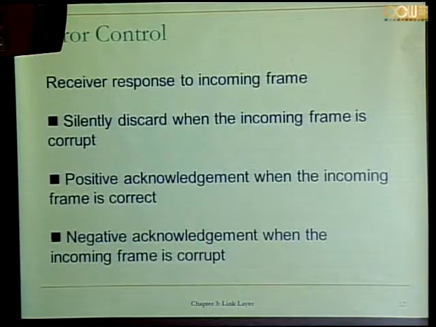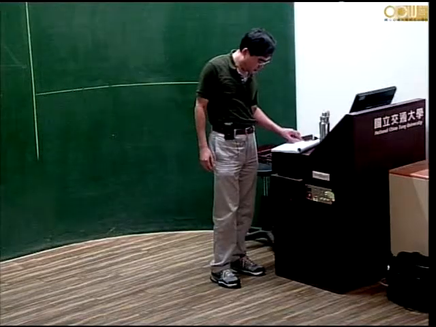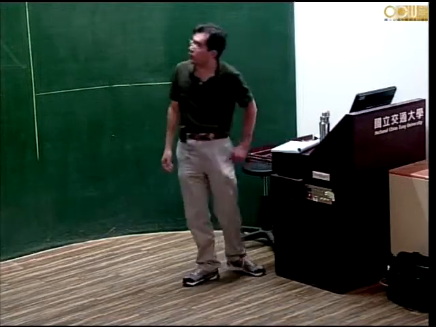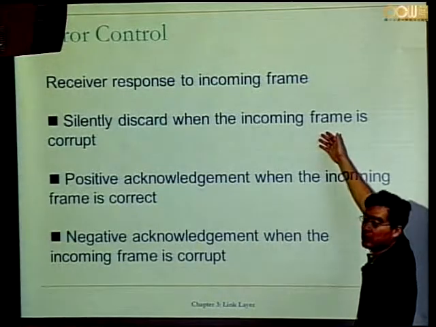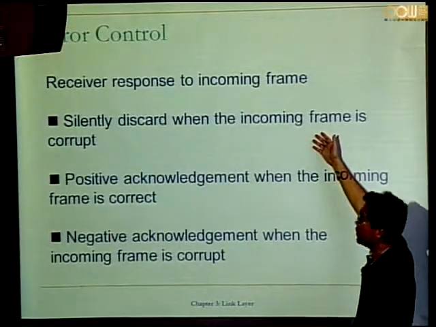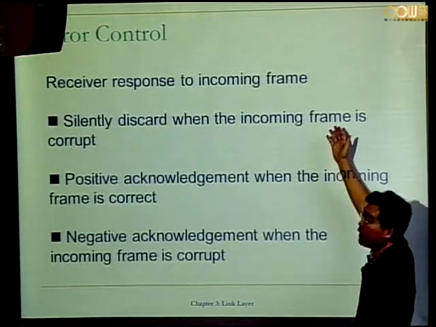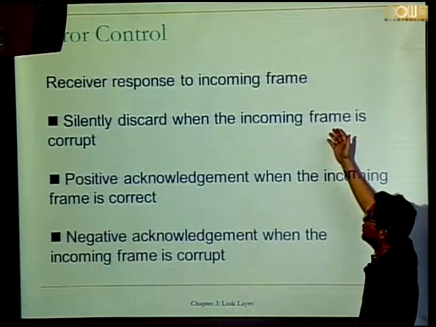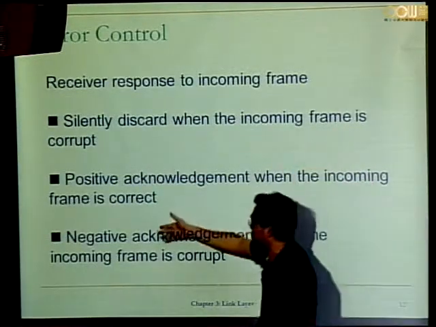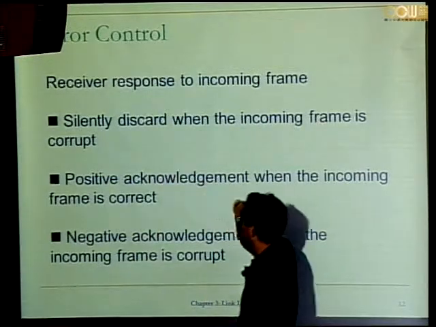And it shows that Ethernet does this. If the CRC result is incorrect, I just discard. I don't send a NAK or ACK. NAK is negative acknowledgement, and ACK is positive acknowledgement.